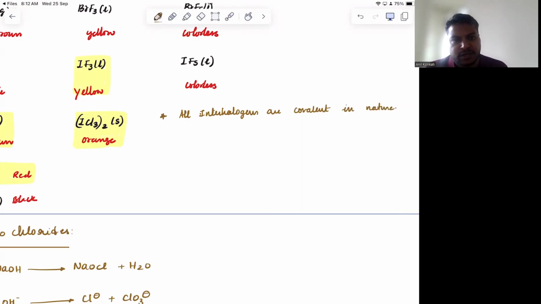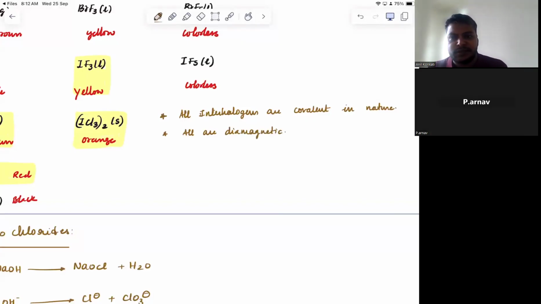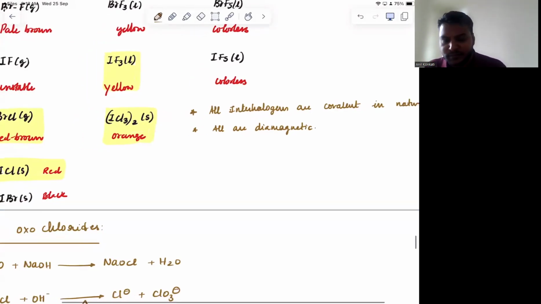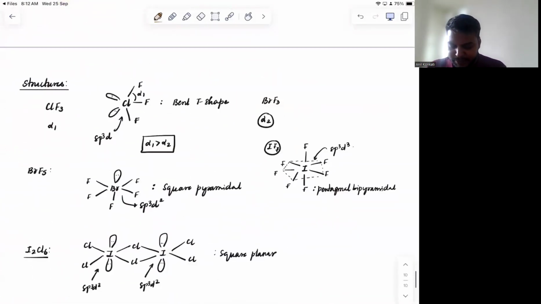All interhalogens are covalent in nature. Okay, and all are diamagnetic. All are diamagnetic in nature. Correct. Right. Next.